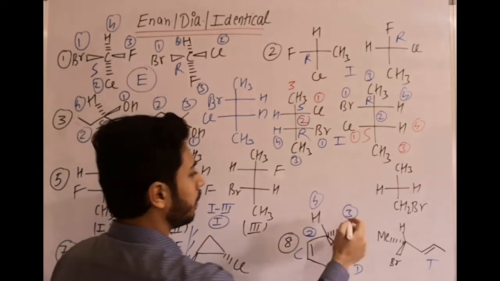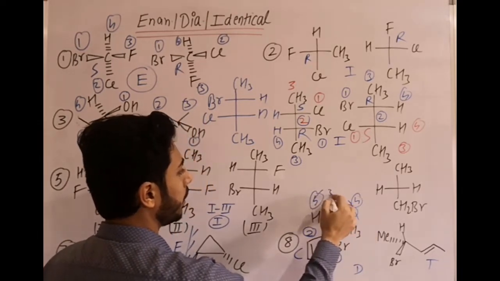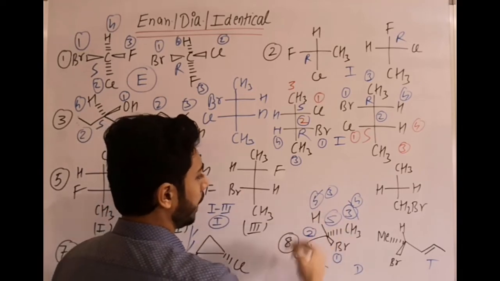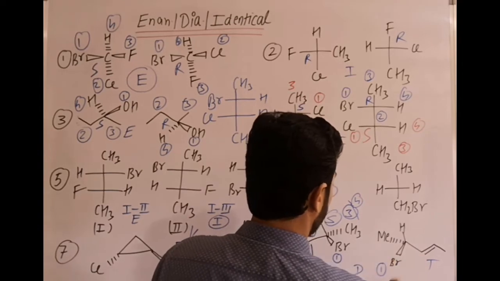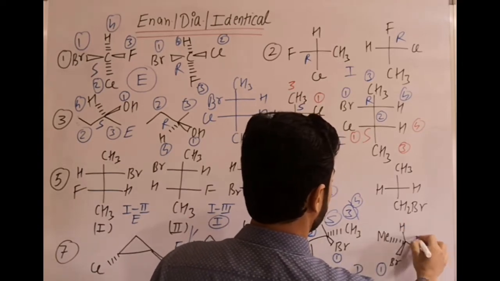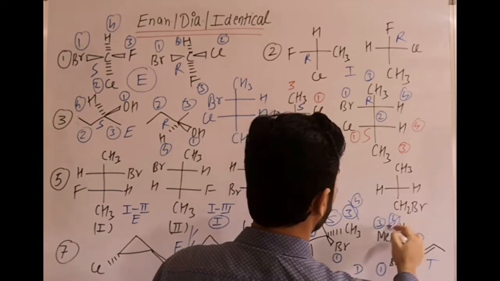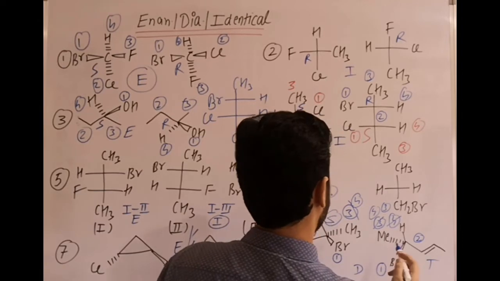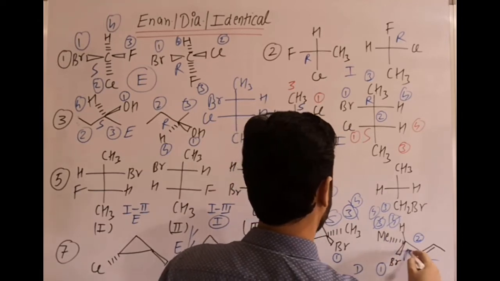I am writing one method which is lowest priority should be on dash, so we'll put 4 here, 3 there, then you can check 1, 2, 3 R, then it will become S. Here then we can use Br first, second, third and fourth. Again we'll put here, this is third, it is coming S, it is R.